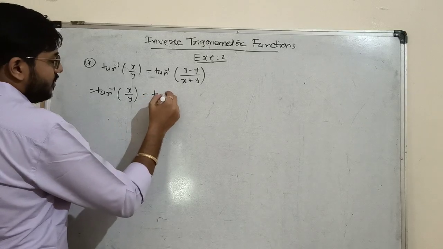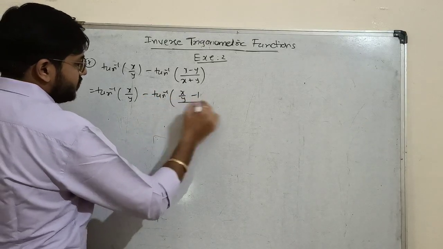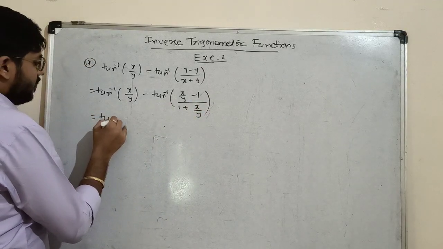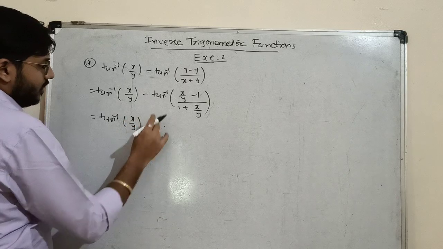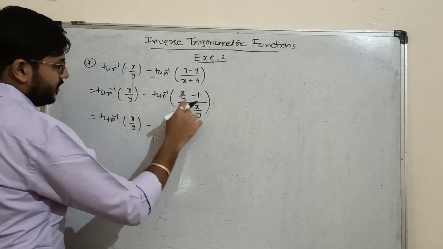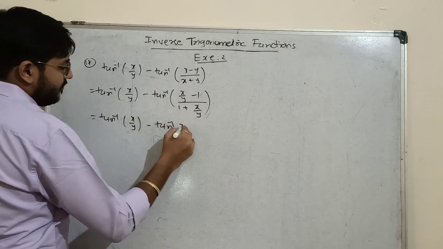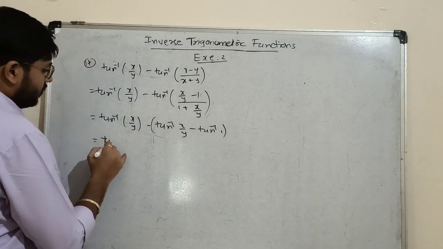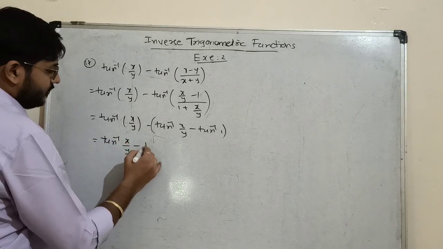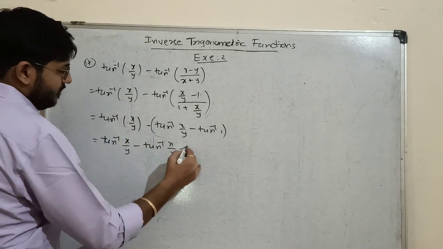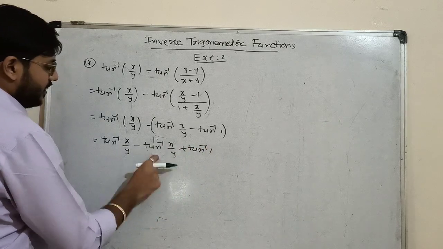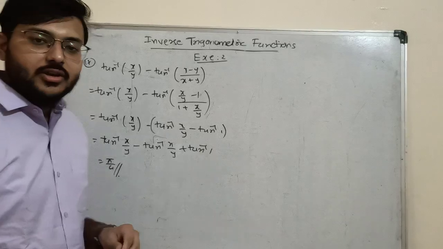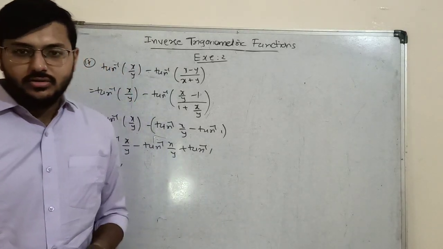That means it will be (x by y minus 1) upon (1 plus x by y). So we can consider this as an equation of tan inverse (alpha minus beta) upon (1 plus alpha beta), which is tan inverse alpha minus tan inverse beta. So now it is tan inverse x by y minus tan inverse x by y plus tan inverse 1. We can cancel these two terms, and your answer is pi by 4. Okay, so here is the end of exercise 2.